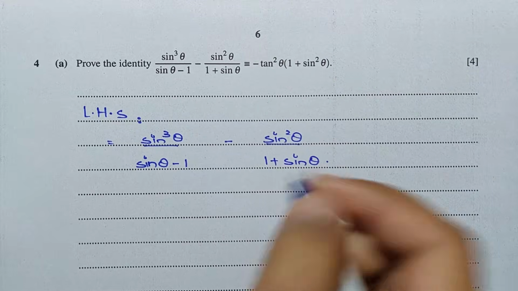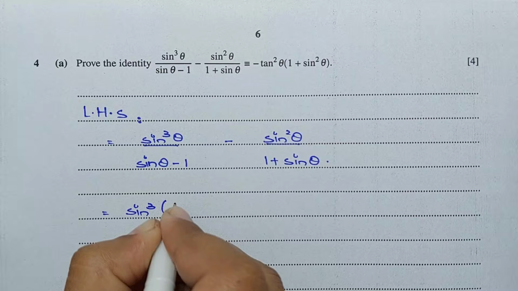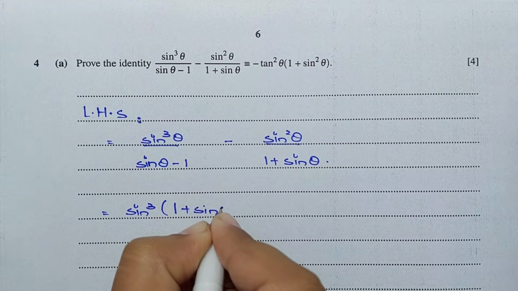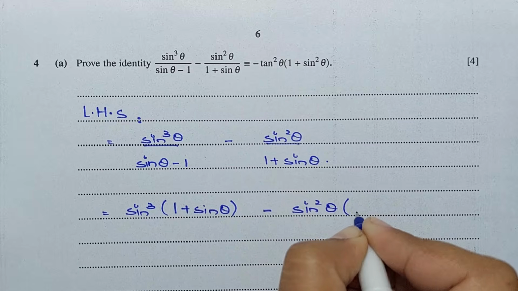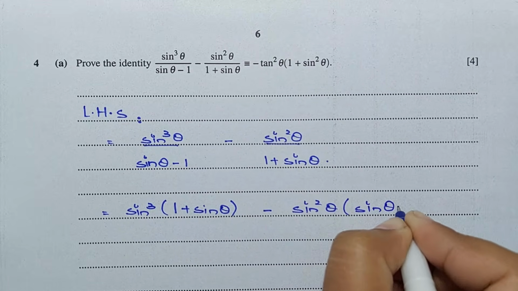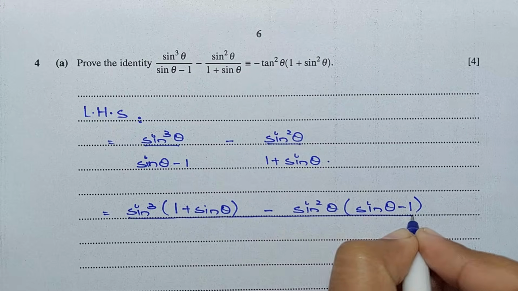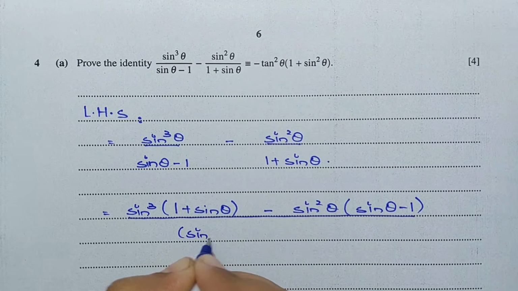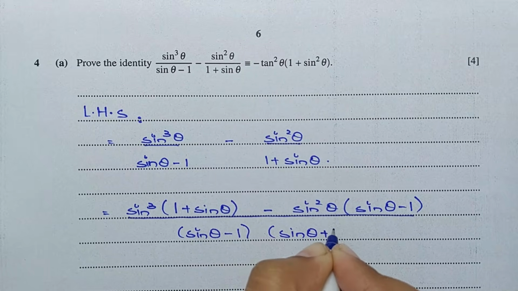Here we do the cross multiplication. Sine cube theta is multiplied with the opposite denominator 1 plus sine theta, and minus sine square theta is multiplied with the opposite denominator sine theta minus 1. Everything is divided by sine theta minus 1 times sine theta plus 1.